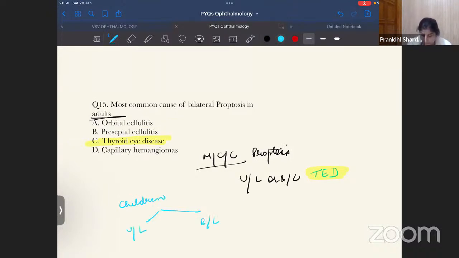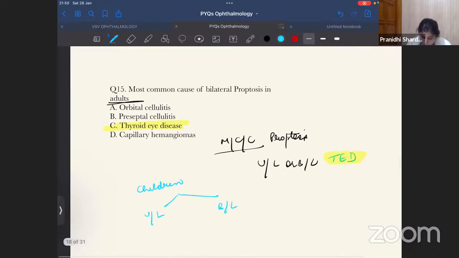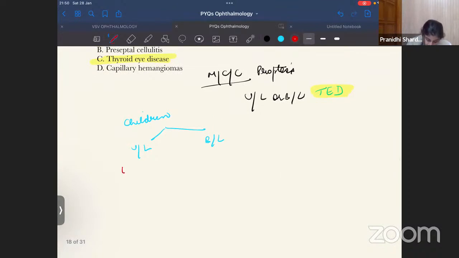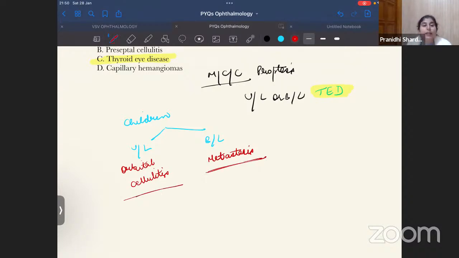The most common cause of unilateral is orbital cellulitis, and bilateral is metastasis. Mets, bilateral; orbital cellulitis, unilateral. So in children and adults.